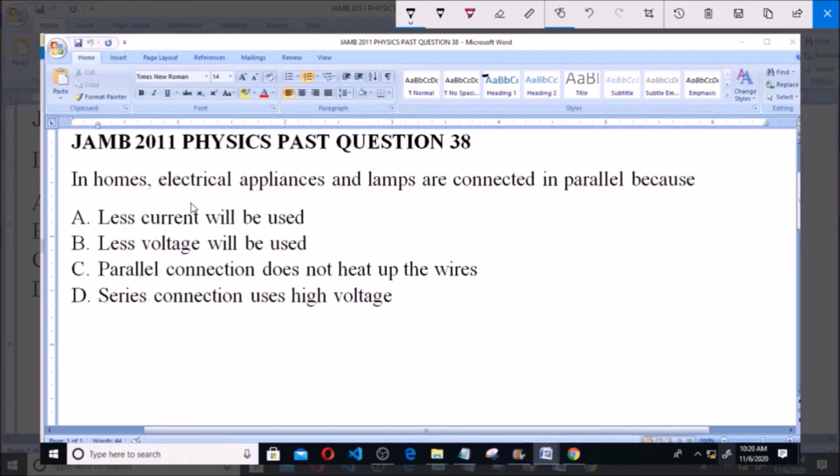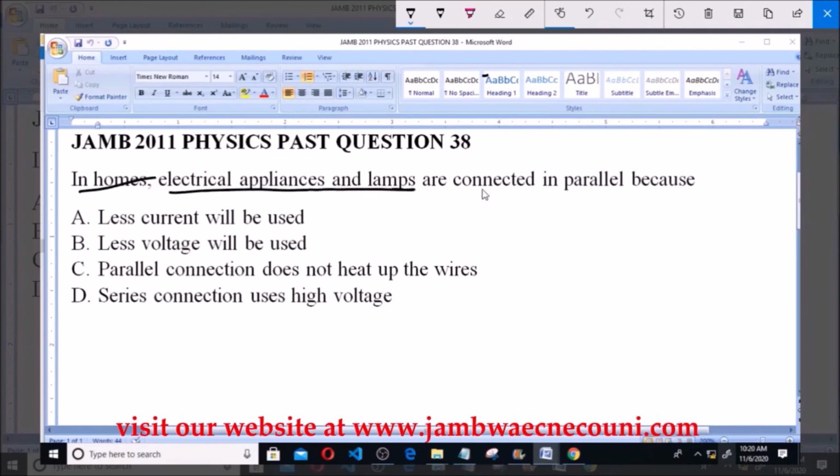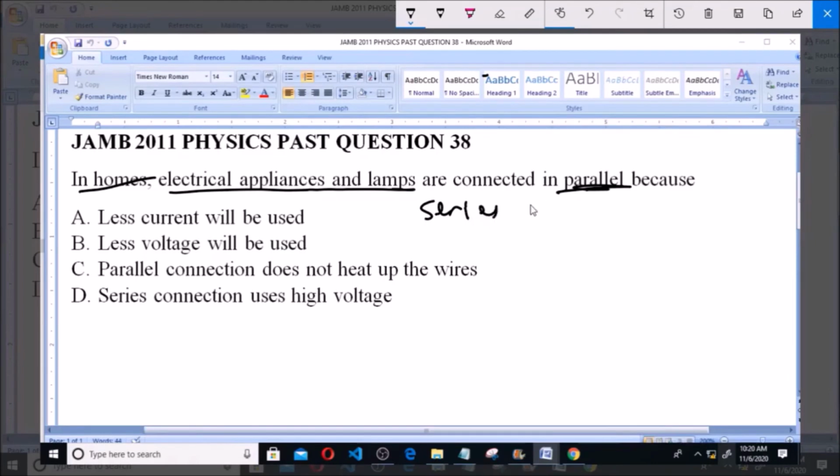So I asked for the reason why in homes, electrical appliances and lamps are usually connected in a parallel connection system. Now the major reason for this is because series connection uses high voltage. This is actually the reason why the appliances are connected in parallel.